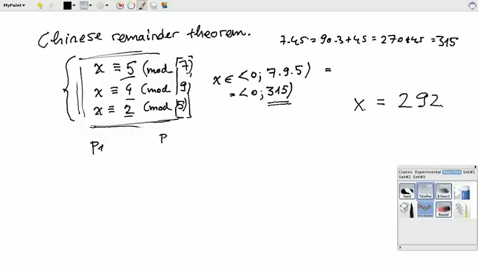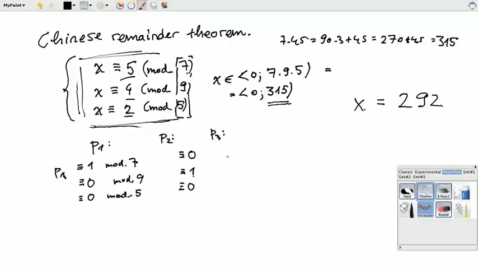We found some P1, P2 and P3 such that P1 is congruent with 1 modulo 7, with 0 modulo 9, and with 0 modulo 5. P2 such that it's congruent with 0 modulo 7, with 1 modulo 9, and with 0 modulo 5. And a P3 that is congruent with 0 modulo 7, with 0 modulo 9, and with 1 modulo 5.